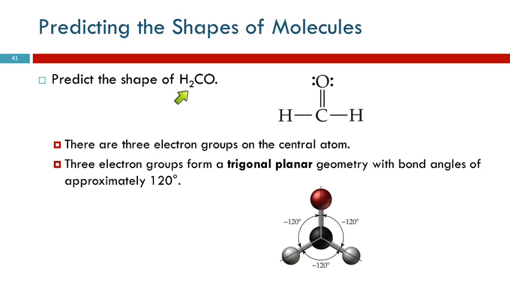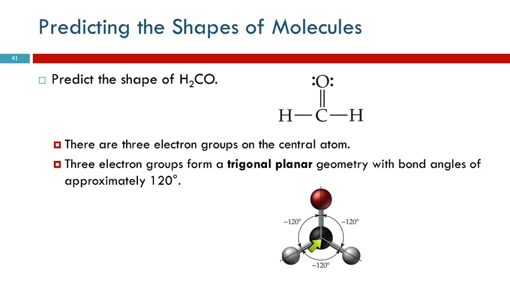H2CO, we did this Lewis structure earlier. So here's the Lewis structure. Look at the central atom. How many electron groups, not pairs, groups? There's a single bond, a double bond, and a single bond. Each of those is a group. So 3 groups. Now you have 3 things trying to get away from each other.